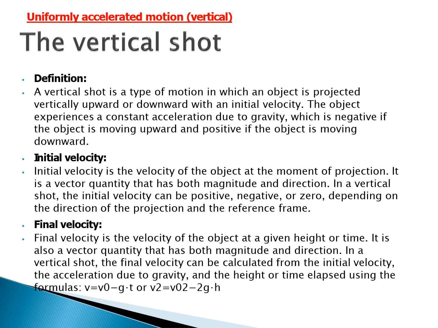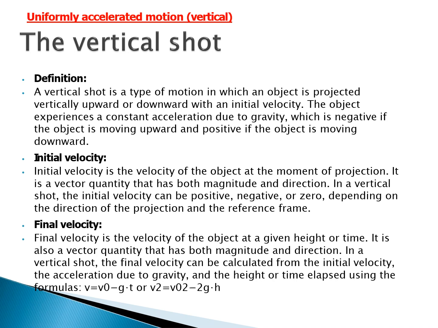Characteristics. The characteristics of a vertical shot are: the acceleration vector is constant and equal to minus 9.8 meters per second squared if the object is moving upward, and positive 9.8 meters per second squared if the object is moving downward.